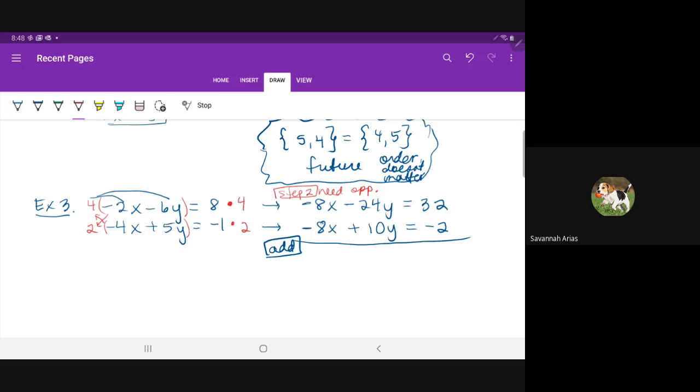If they're already opposite, then they'll cancel. But right now, if I add negative 8x and negative 8x, I get negative 16x. And I don't want to get negative 16x. I'm trying to get them to be 0. So if I want a 0 here, I need one of them to be opposite.